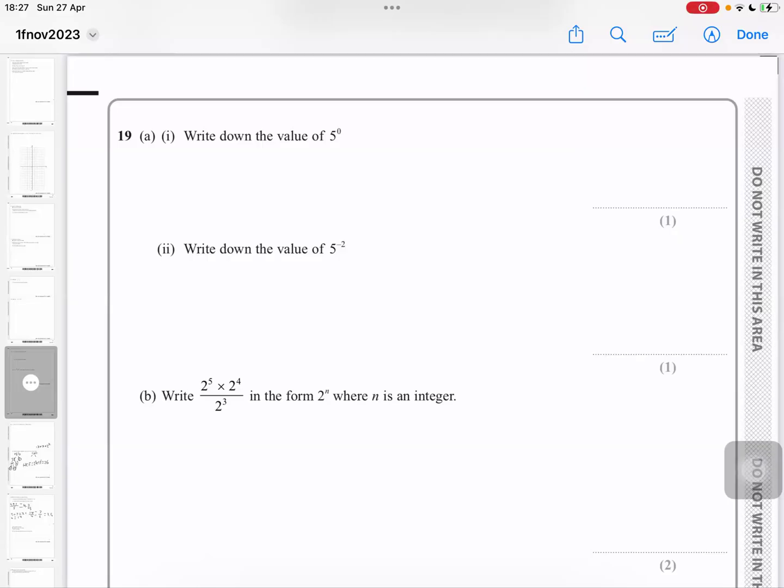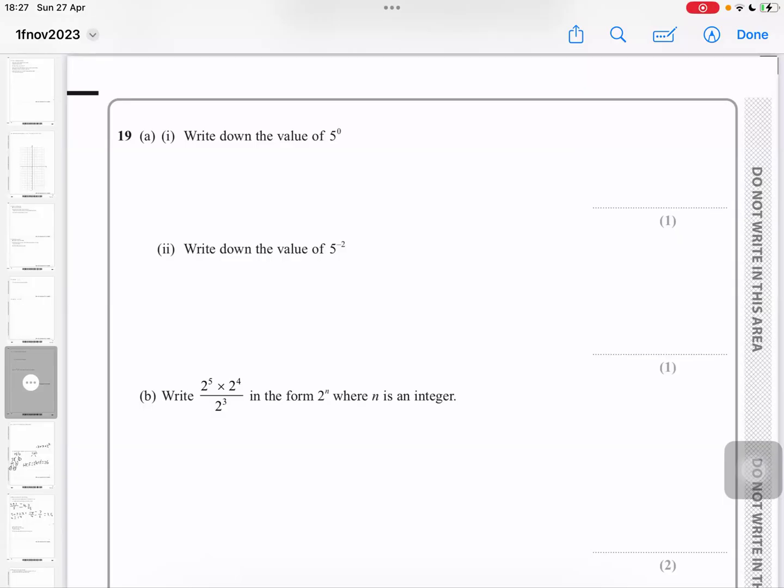The next one says 2 raised to power 5 times 2 raised to power 4 divided by 2 raised to power 3. It says write it down in the form 2 raised to power n, where n is an integer. Do you remember the rules of indices? Do you remember those rules?